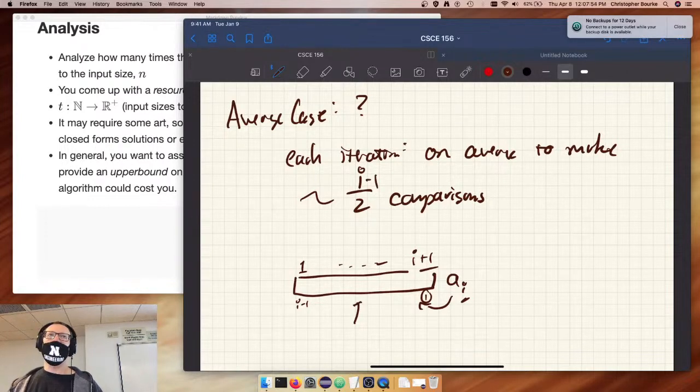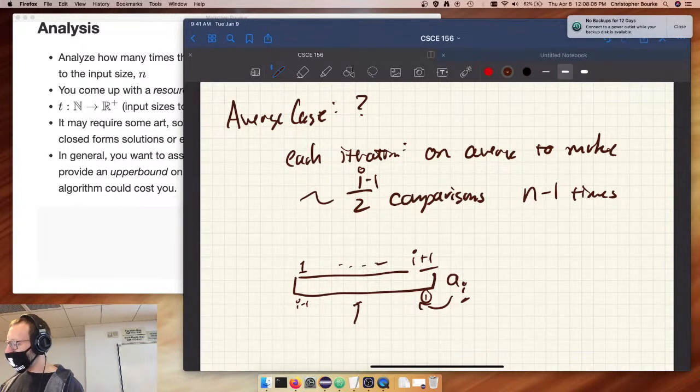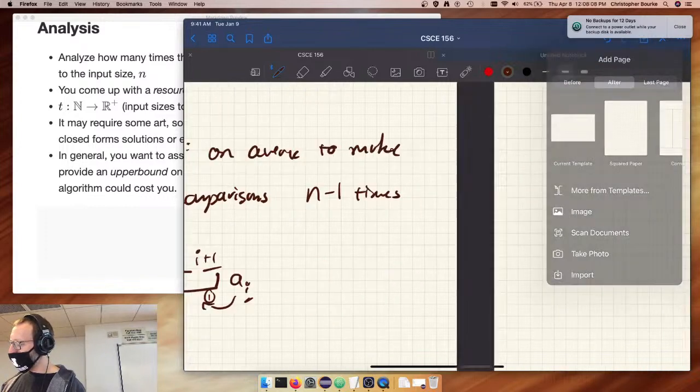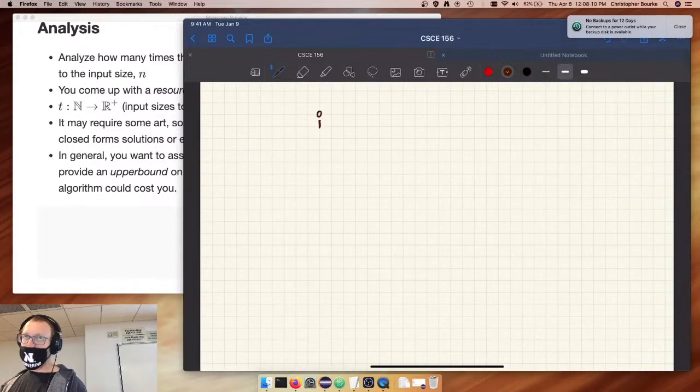divided by 2. Right? Now you're doing this how many times? You're doing this n minus 1 times. Right? So when you do this, you end up summing a bunch of fractions. Just to simplify it, I'm going to take out that minus 1. Just make it bigger. And i runs from 2 up to n.